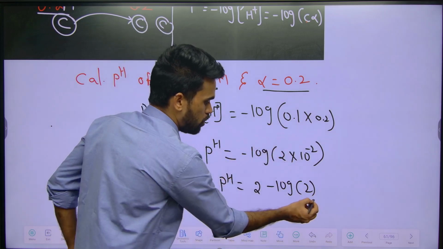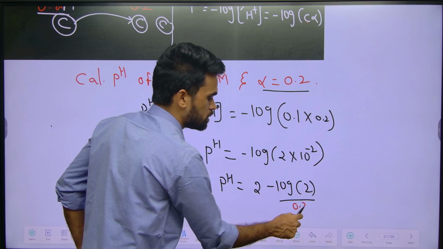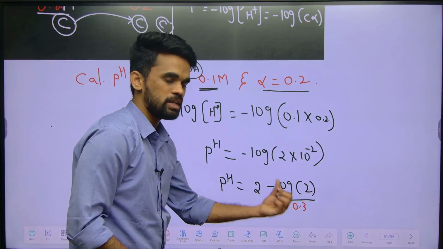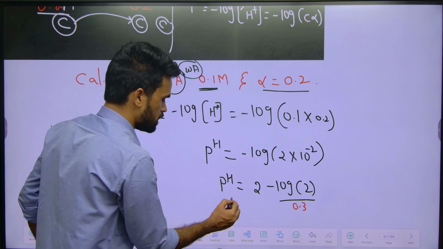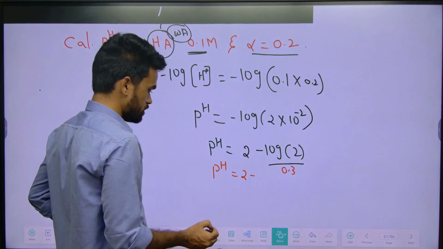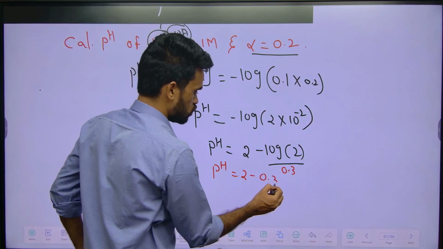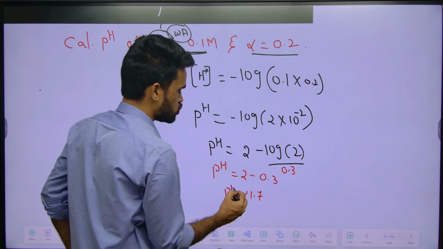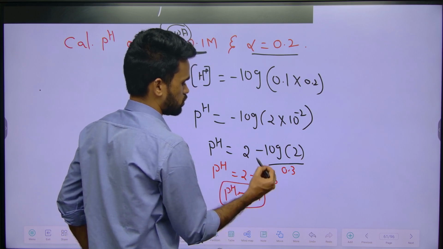What is the value of log 2? This is 0.3010. For calculation purposes I am taking it as 0.3. So what is going to be the answer? 2 minus 0.3 is 1.7. So this will be the pH you are going to get for this particular acid.